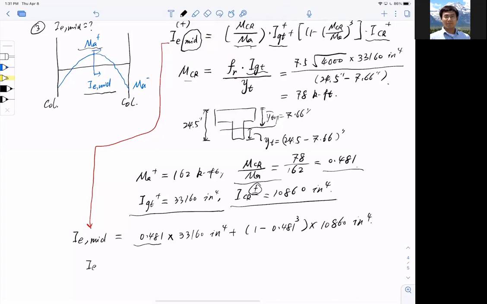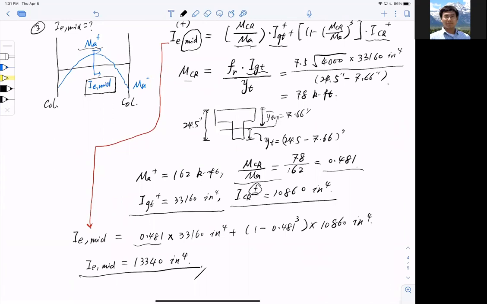Add up, and at the end of the day, IE at middle span equals 13340 inch to the power 4. So that is my effective moment of inertia at the middle span.